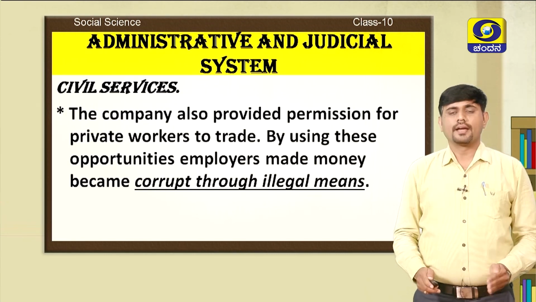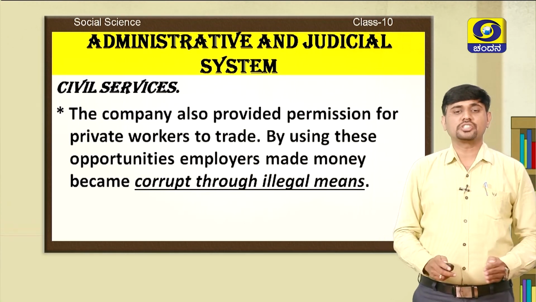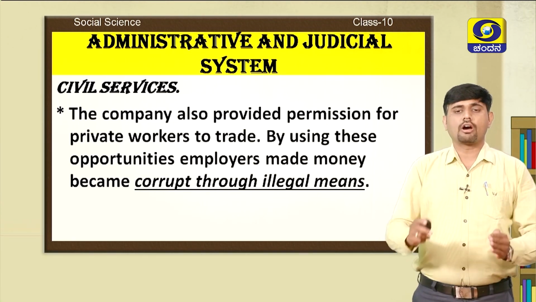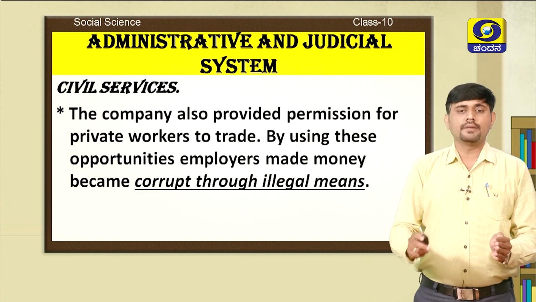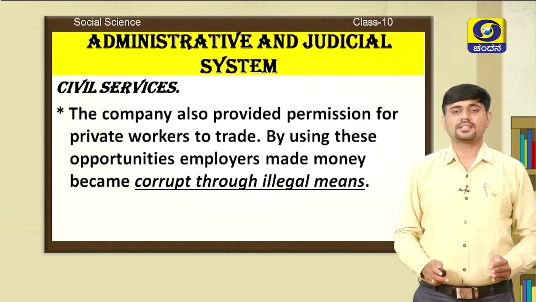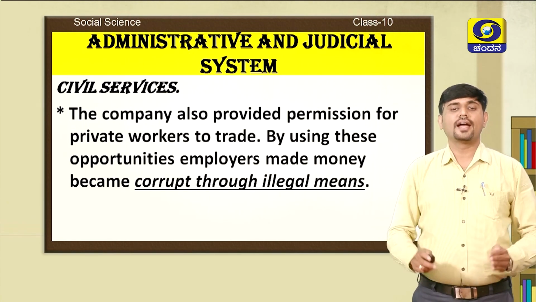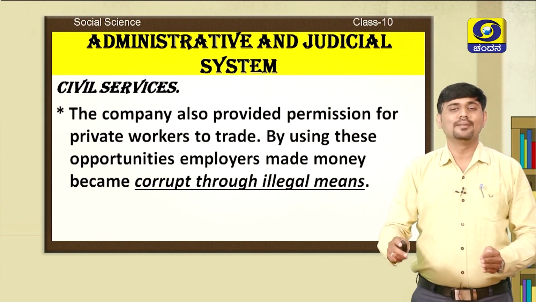Initially, trade was only permitted to the British East India Company. But later on, permission was given even to the private officials of the Company. With that, they started earning huge amounts of money and became corrupt through illegal means.